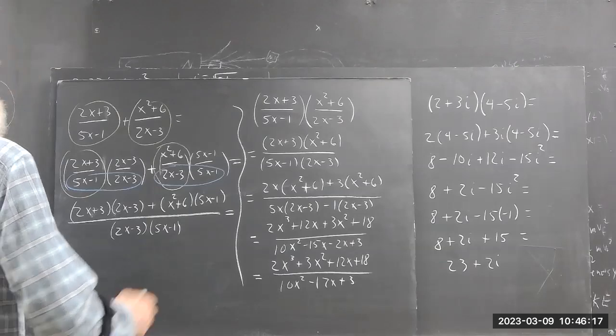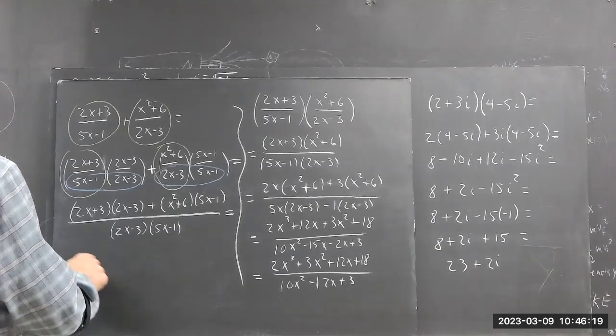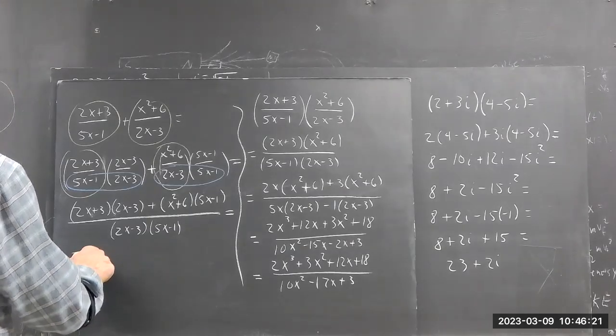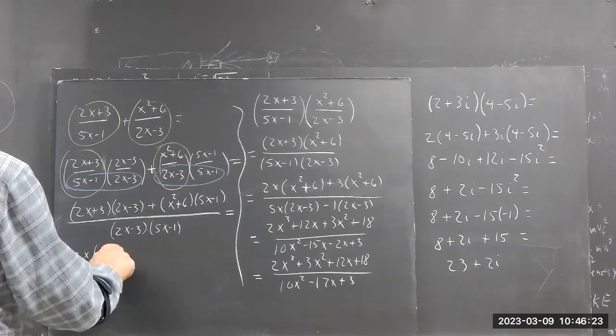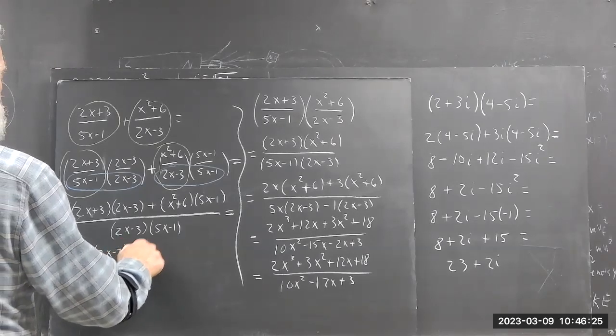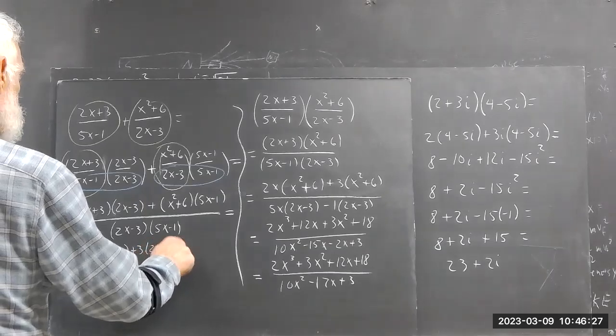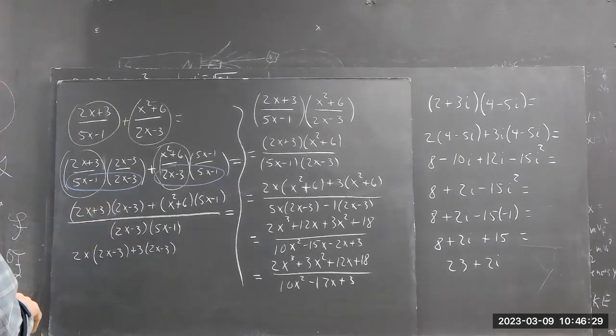Okay, well, we do this. And we write this as 2x times 2x minus 3 plus 3 times 2x minus 3. That takes care of this term.